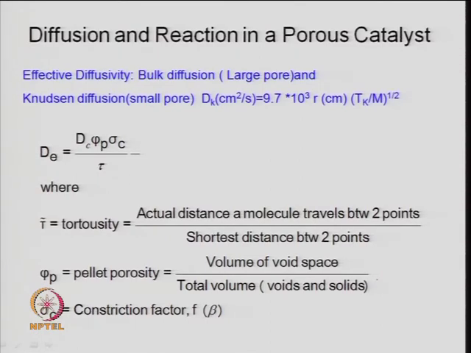If you remember what we were discussing about the diffusion phenomena, there are two types of diffusion possible in the catalyst. The first is bulk diffusion, generally in larger pores, which is just a function of temperature and pressure.